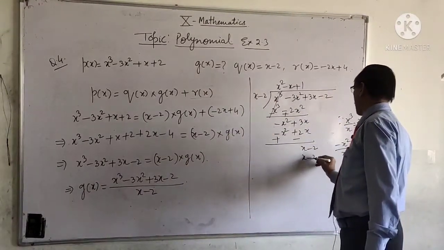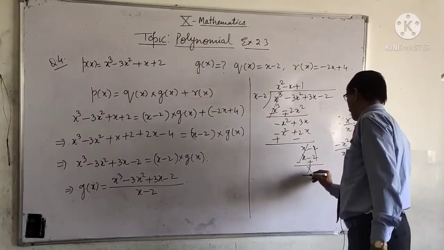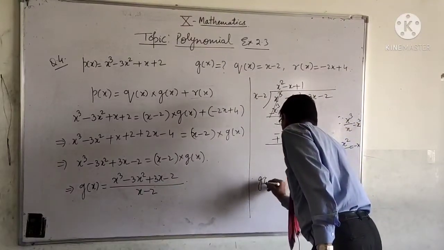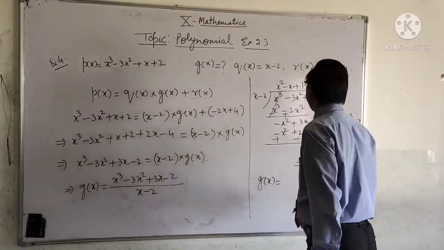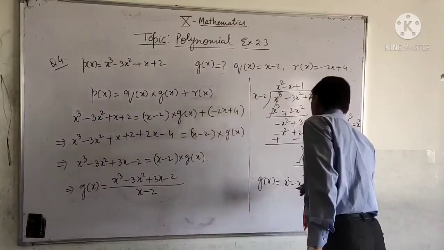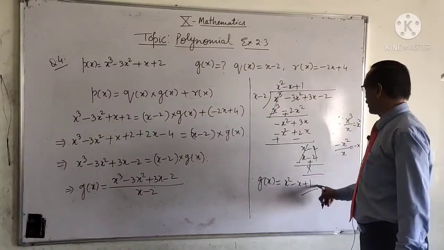Subtract, minus plus is cancelled. Therefore, gx is x square minus x plus 1.